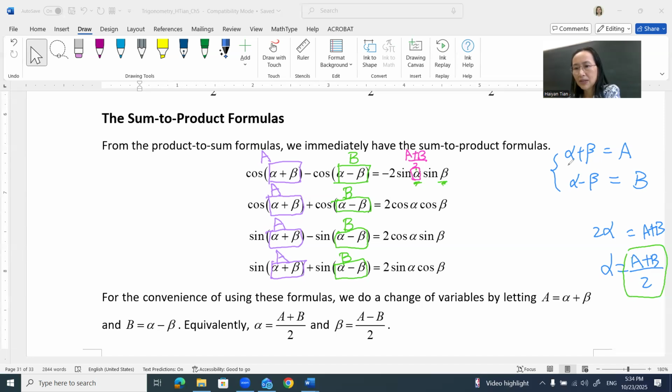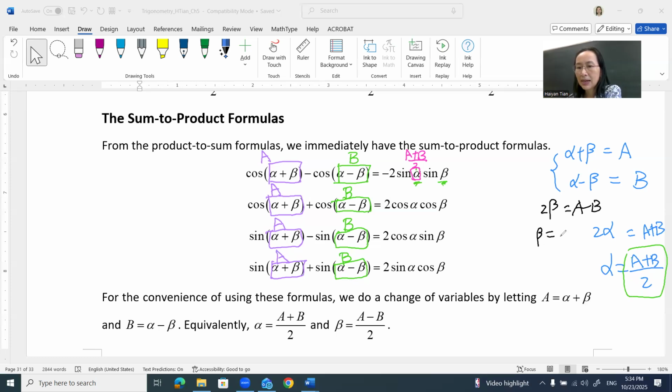From these two equations, let's simply do the subtraction, because once you subtract the two equations, alpha can be eliminated. Alpha will be eliminated. And then when you subtract the second equation from the first, you get 2 beta, which is A minus B. So what is beta?